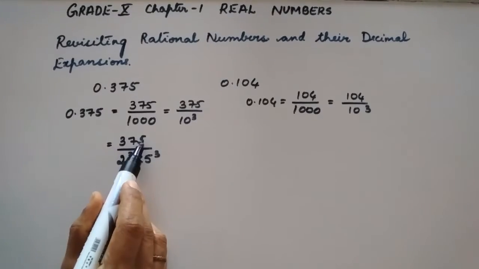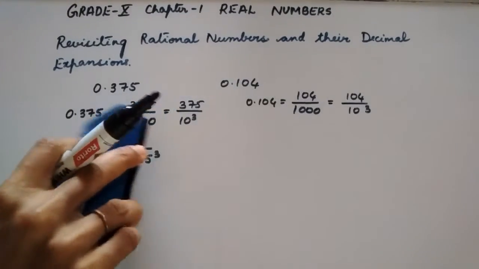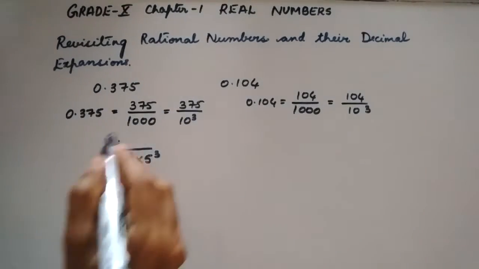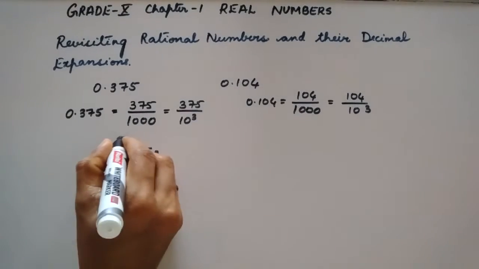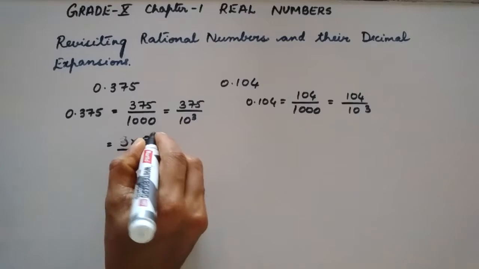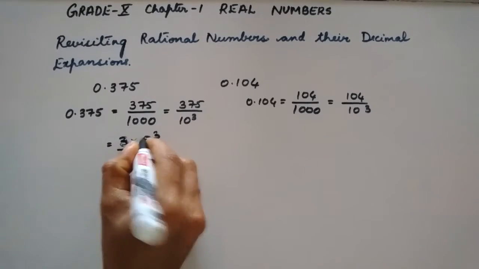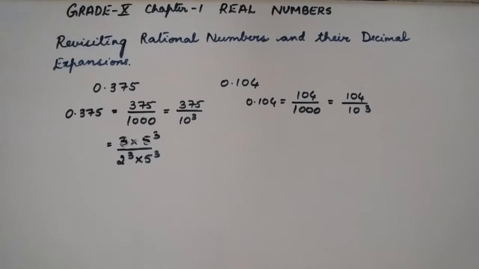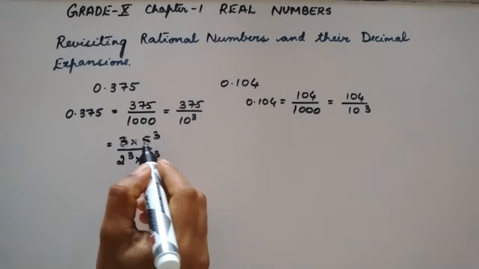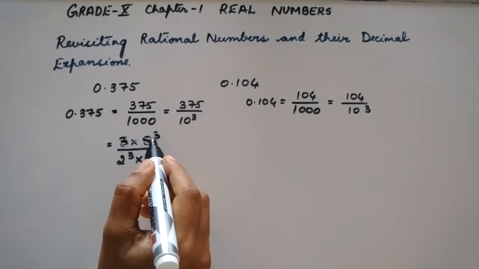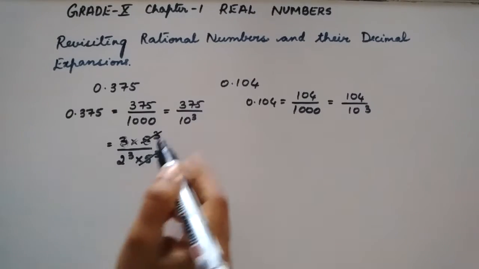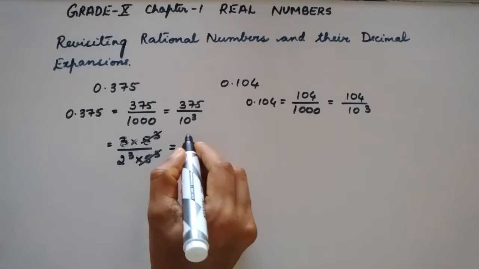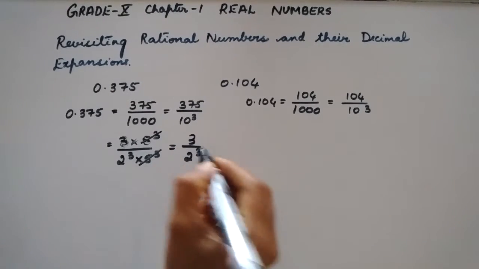And also this 375 can be written as 3 into 5 to the power 3. So here we can cancel the common factors. Which are the common factors we find? 5 to the power 3 and 5 to the power 3. So this gets cancelled and what is remaining here? 3 by 2 to the power 3.